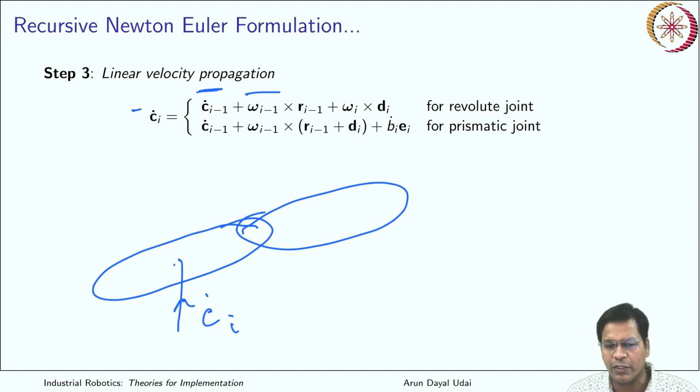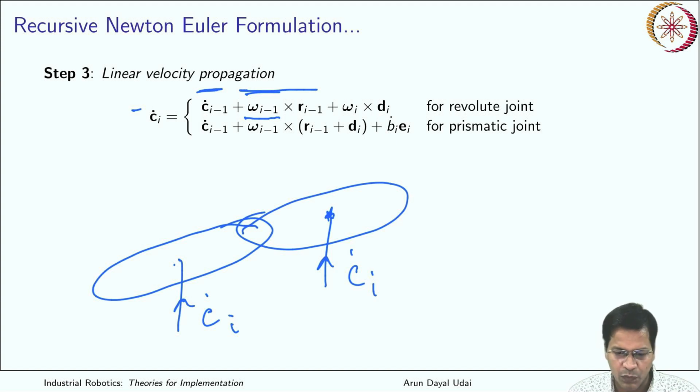So the angular velocity contributes to its total velocity. Omega I minus 1 has its contribution over here, and that is the CI location, CI dot we want to find out. That contribution is given by this distance: omega I minus 1 cross Ri minus 1, and omega I itself will have its contribution over here, given by this.